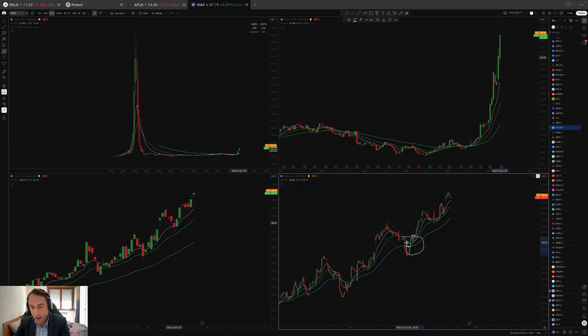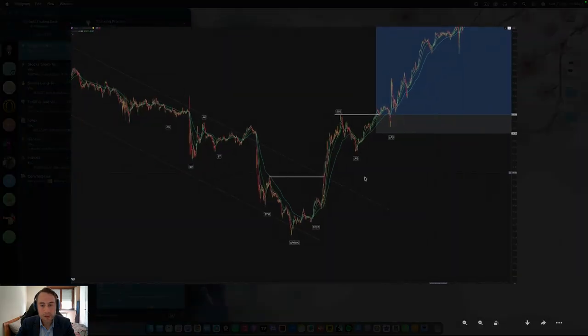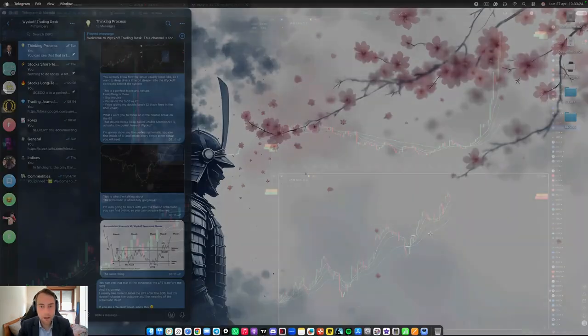This is actually Wyckoff, and I share this here. This is the same trade with the same double break. As you can see, this is a double break that I will call from now on double man block, DMB, because this is its name.